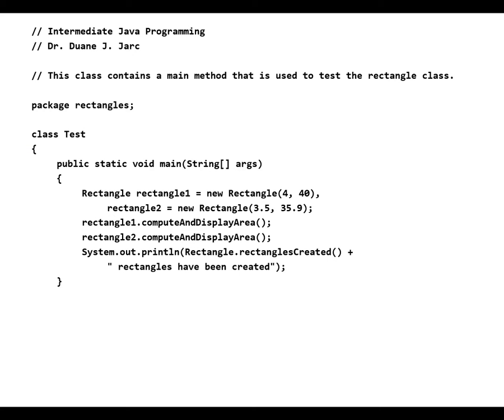To better understand the behavior of the methods in this class, let's use a simple driver to test it, which is what the class test does. The main method of this class creates two rectangle objects and then displays their IDs and areas.